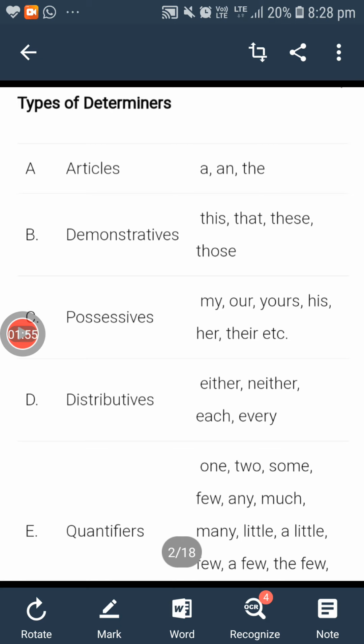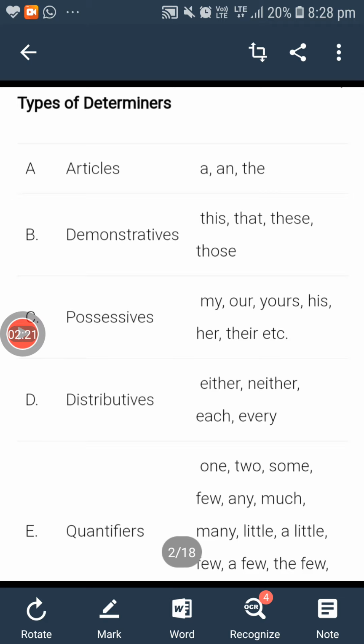Now there are different kinds of determiners we have. We have articles, then we have demonstratives and possessives, indefinite adjectives and others, quantifiers, demonstratives likewise. So in articles you know that we commonly have three articles: a, an and the.